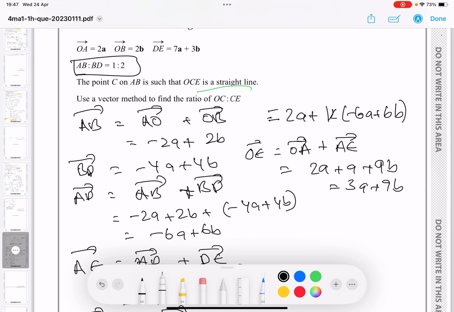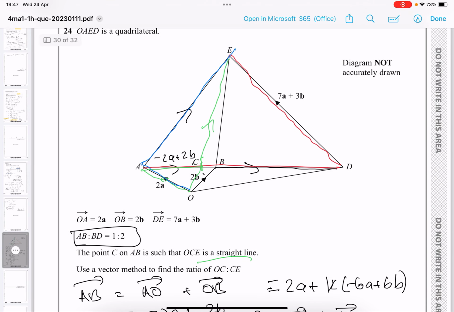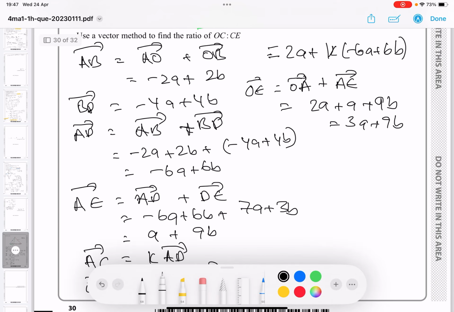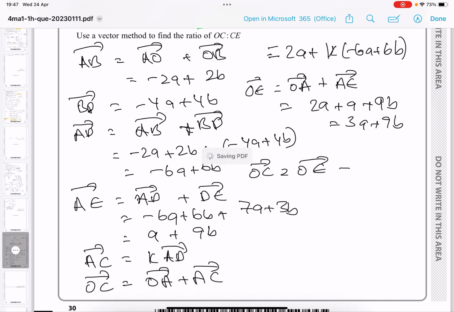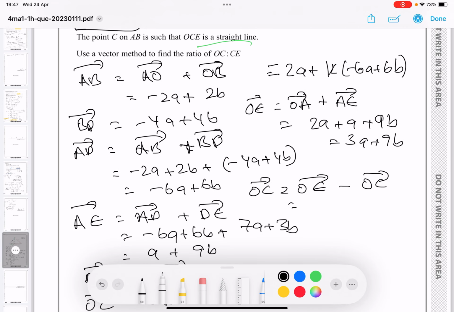Now that we know what OE is and we also know what OC is, we can subtract OC from OE to work out CE, because that's just the remaining length. OE minus OC will give you length CE, which is exactly what we need to find the ratio. So CE is equal to OE minus OC. Sorry. So that's going to be 3a plus 9b minus (2a plus k times (minus 6a plus 6b)).